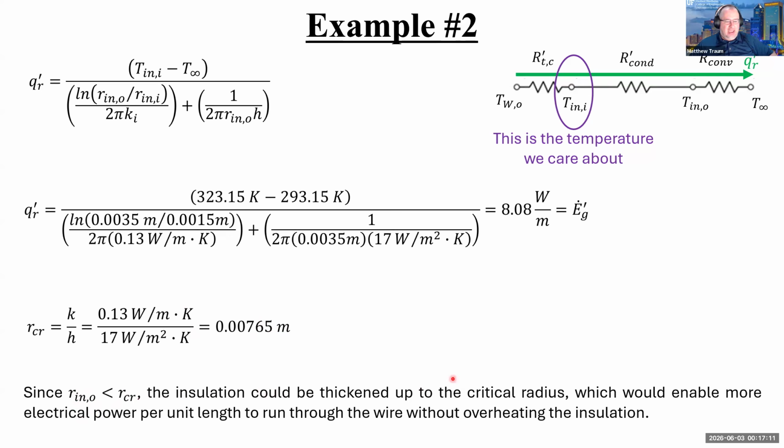And so what that means is that I could actually thicken the insulation at least up to the critical radius, and thickening the insulation up to the critical radius would allow me to run more electrical power through the wire and still not surpass this 50 Celsius, 323 Kelvin overheat condition at this spot, right? So that gives you a hint about what critical radius means. I can run more electrical power through, more heat through, before I have to worry about this thing melting.